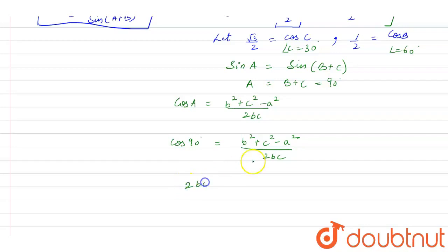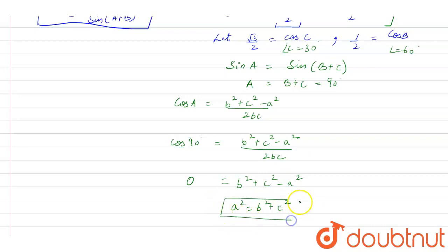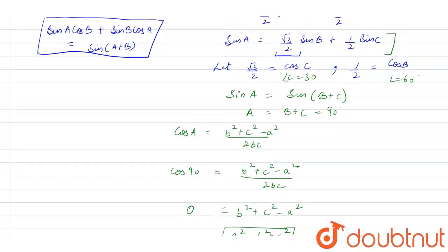If this comes to the LHS, then 2bc into 1 is equal to 2bc, and this will become b square plus c square minus a square. I'm sorry, cos 90 is 0. Therefore it will become b square plus c square minus a square is equal to 0. So by rearranging the terms, a square is equal to b square plus c square. We get this relation between a, b and c. Let us compare this with the given options.